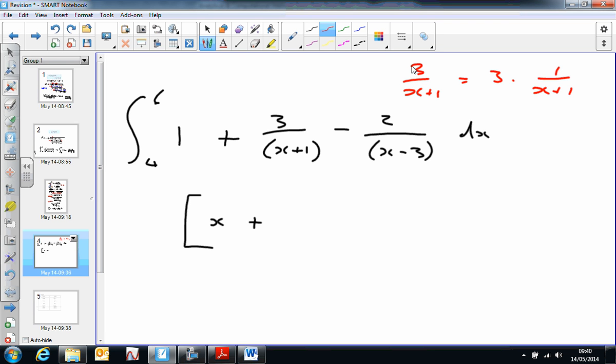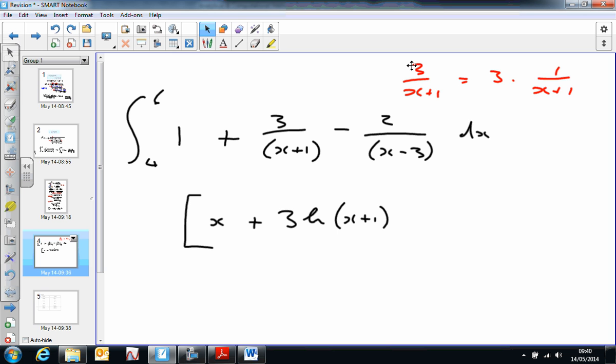So the 3 stays in front, and then it's just log of x plus 1. So it becomes 3 log x plus 1. We've got to be a little bit careful what the number is underneath here, this x plus 1.